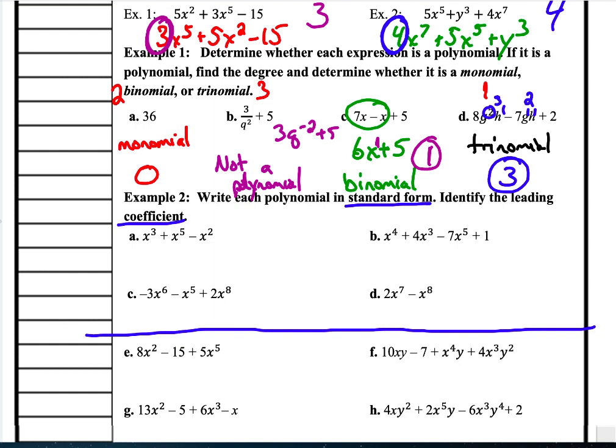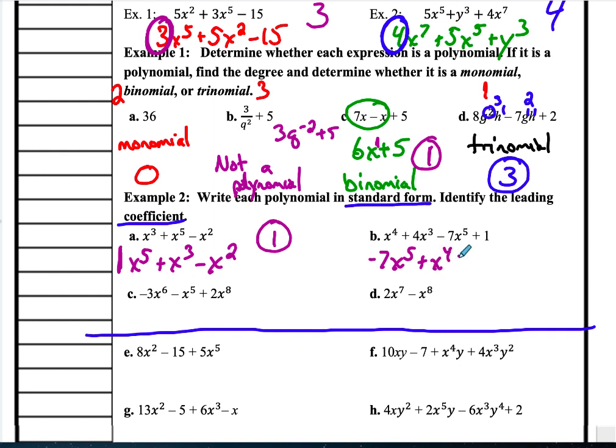All right, so hopefully you paused and tried these for yourself. First, I'm going to rewrite them in descending order. And then I'm going to take the leading coefficient. That's the coefficient of the first term, so this would be a 1. Here I've got negative 7x to the 5th plus 4. Oh, almost had that out of order there.